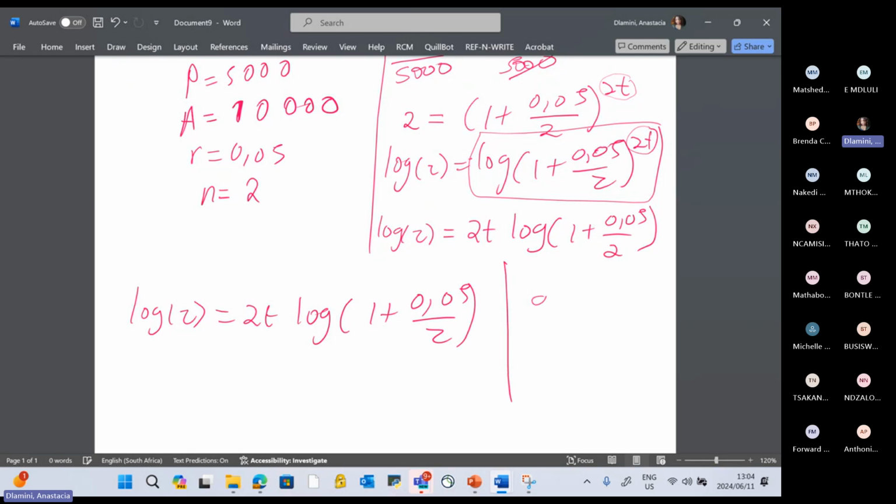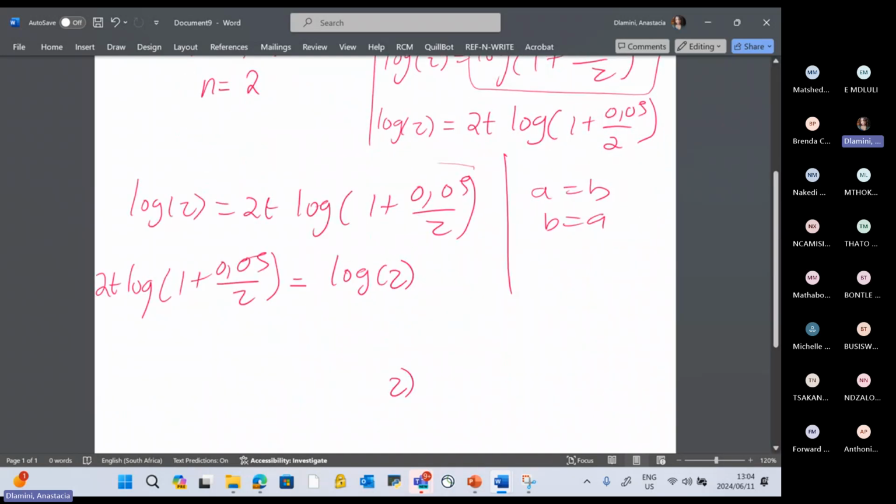Remember, I said A is equal to B and B is equal to A. So I just want to take this on the other side and this on the other side. So I can write 2t log of (1 + 0.05/2) is equal to log of 2.